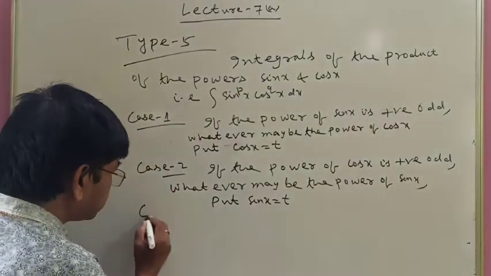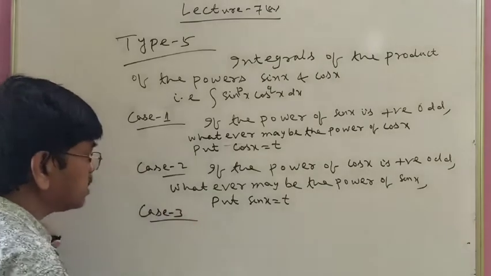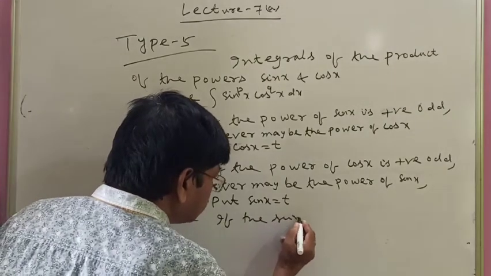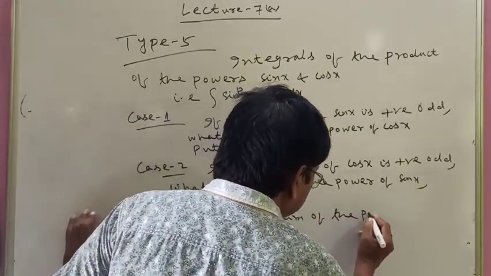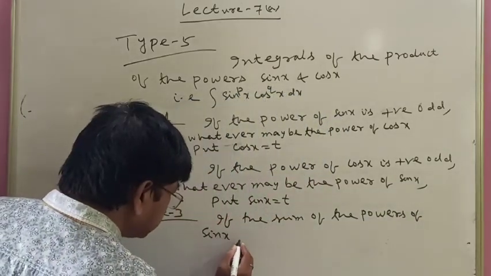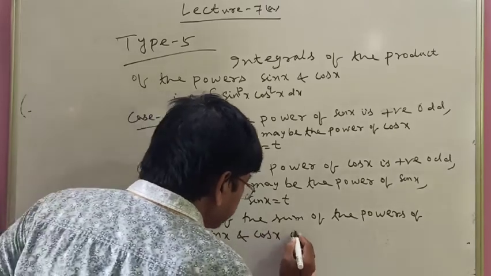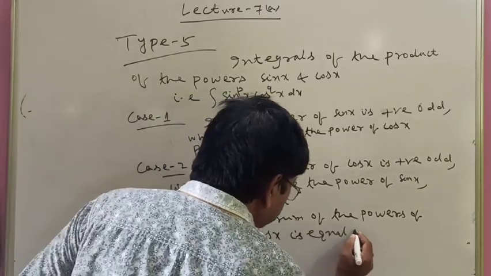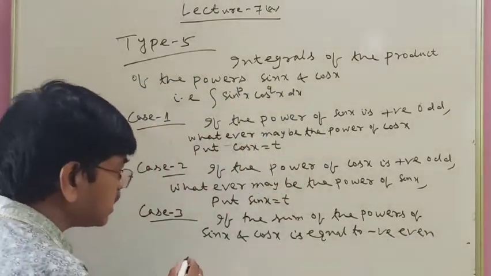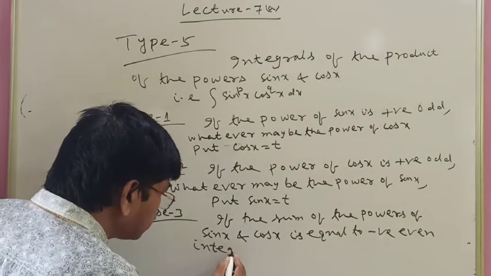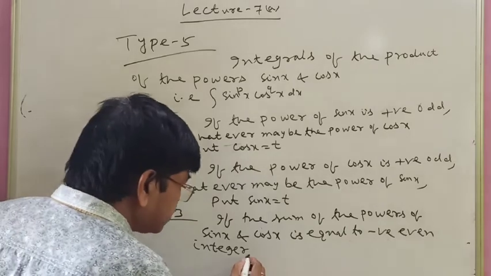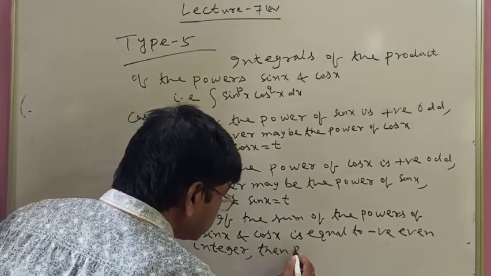Then you write case 3. Under case 3, if the sum of the powers of sin x and cos x is equal to a negative even integer, then put tan x is equal to t.